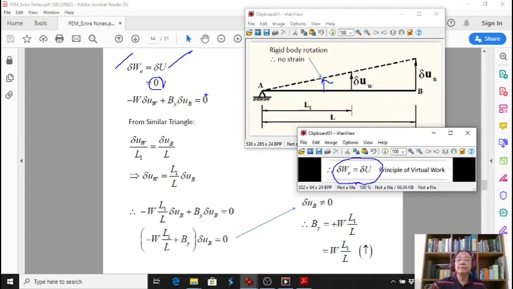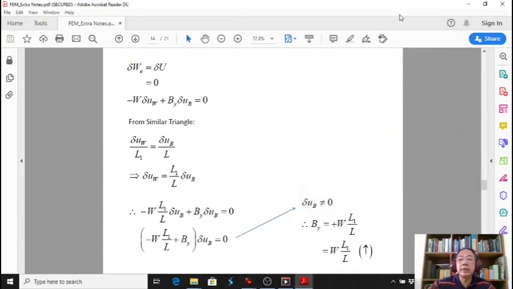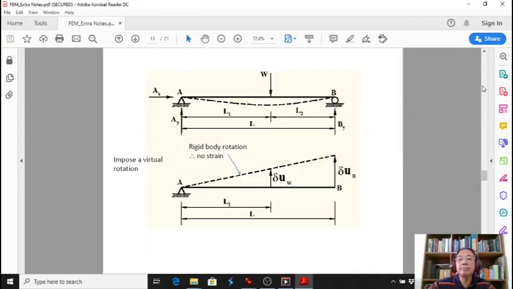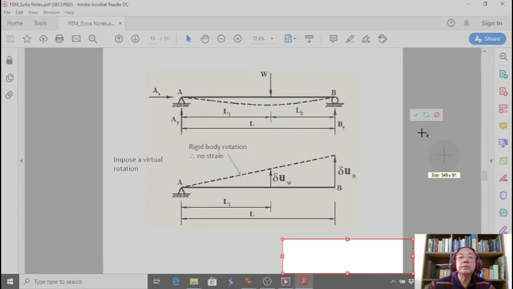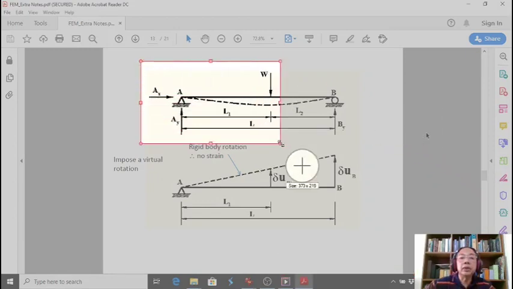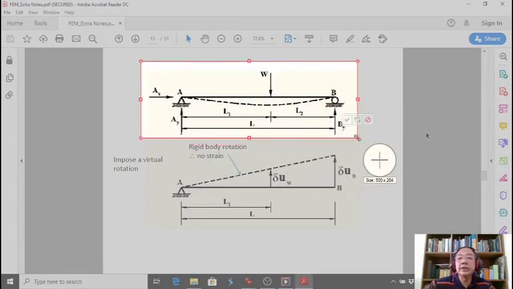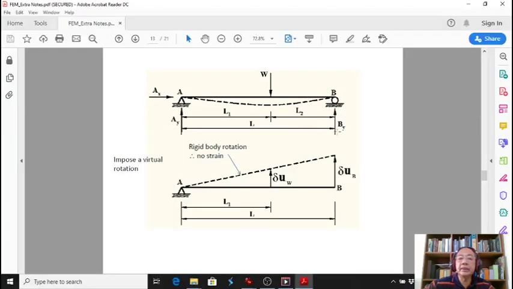The load, okay, so I need to take one more diagram. This is the diagram. This is a real diagram, real beam.